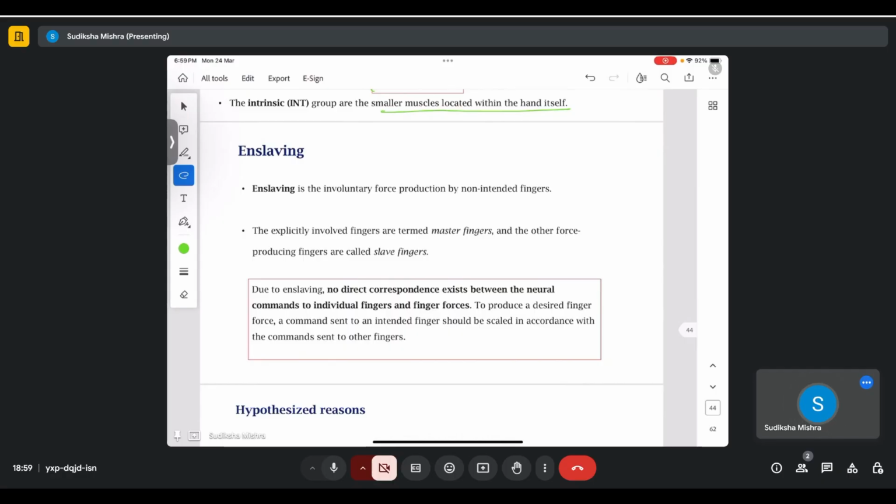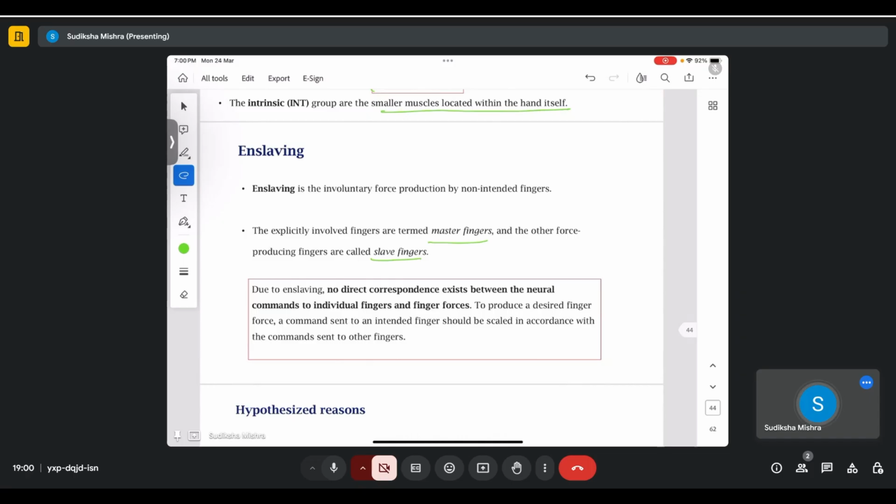So, enslaving is an involuntary force production by non-intended fingers. The finger for which the movement is intended, say the index finger, is termed the master finger, whereas other force producing fingers for which the movement was not intended are known as slave fingers.